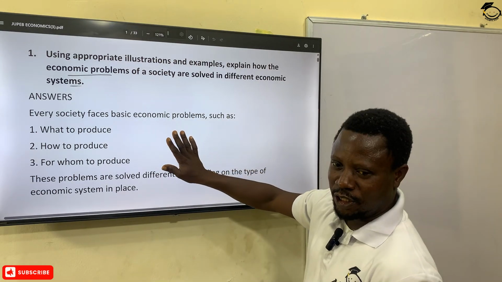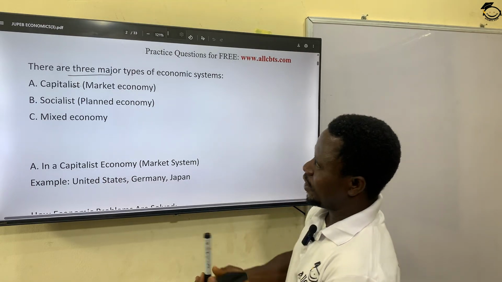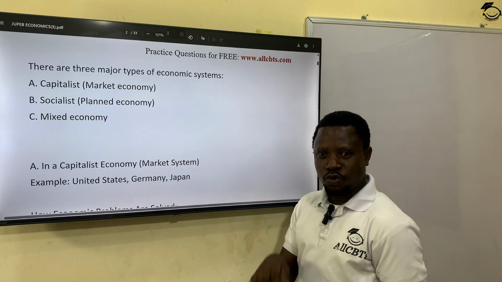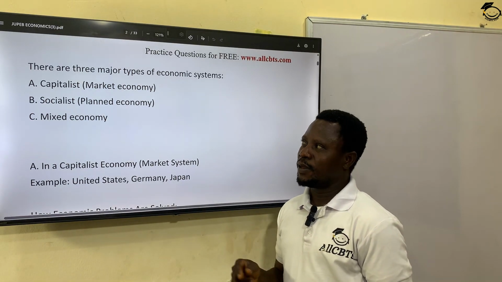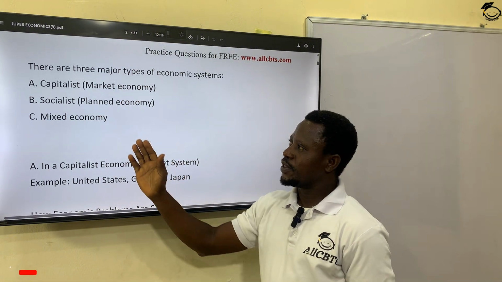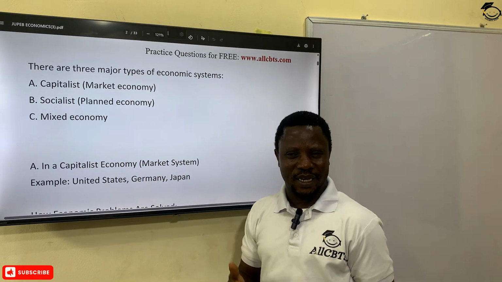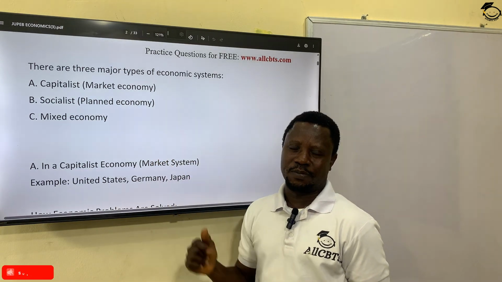Now that has been established from this first step, the next step is also to let the examiner know that you know the three major types of economic system: the capitalist economy or market economy, the socialist economy or planned, or some call it command economy, and of course the mixed economy system.